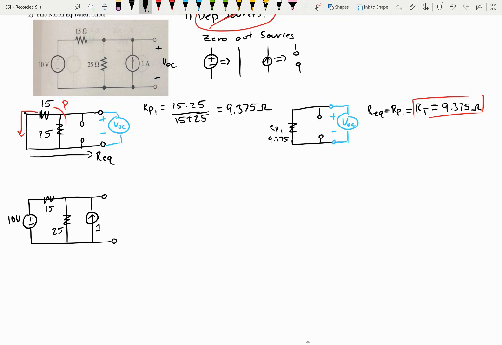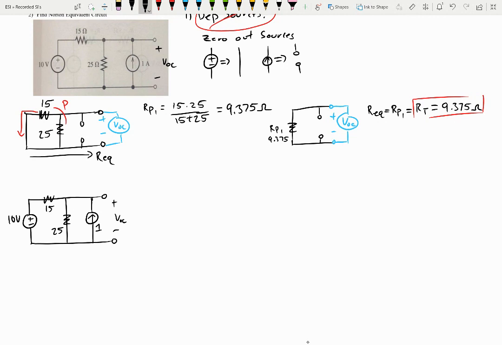And that's 1 amp. Let's not forget we have the plus minus VOC over here. Okay, so original circuit. Now this is a little bit more complicated than our previous examples because now I've got current being pumped up through here, and I've got current being pumped up through here, and I need to find VOC.